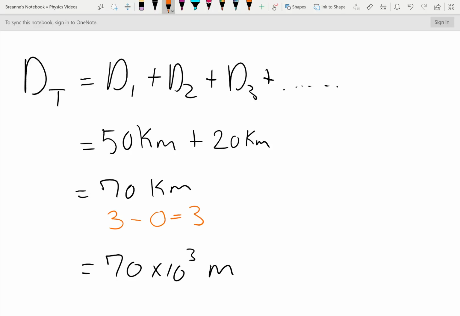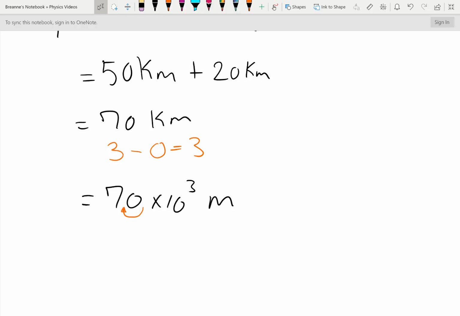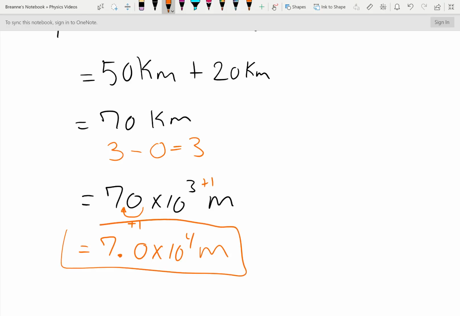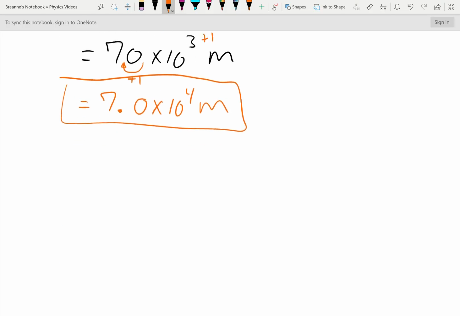That's not in scientific notation because it has to be only one number. Move the decimal over 1, and we get 7.0 times 10 to the 4 meters, because we move it over 1, so we add 1. And that is our answer.